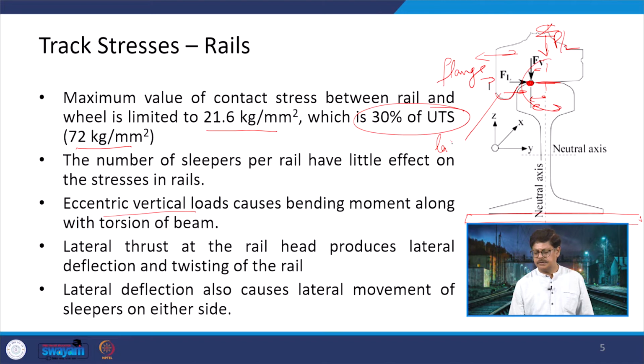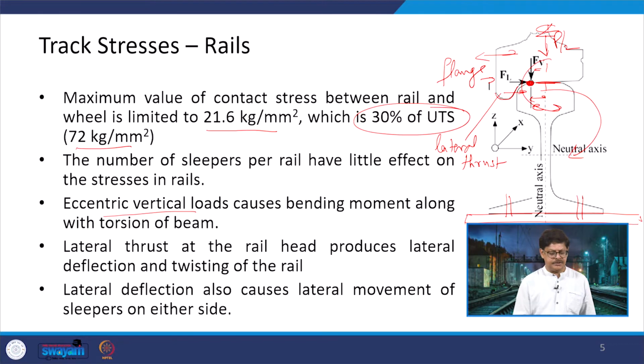This lateral thrust, coming on the rail head, is again going to create a problem with respect to the connections of this rail with the sleeper, and it is creating an impact in this way.